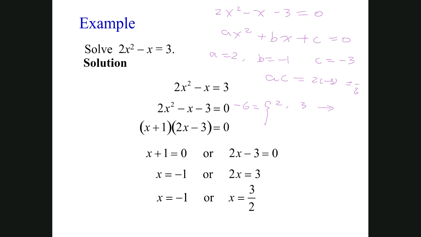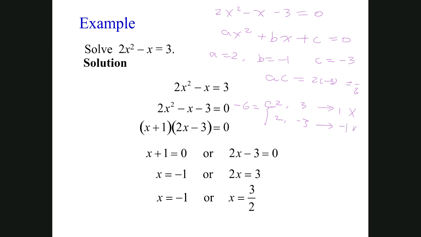So if I have a 2 and a negative 1, my sum will be just 1. So this won't be the right one. If I have a 2 and a negative 3, add up together, this will be negative 1. So this is a correct one, right?